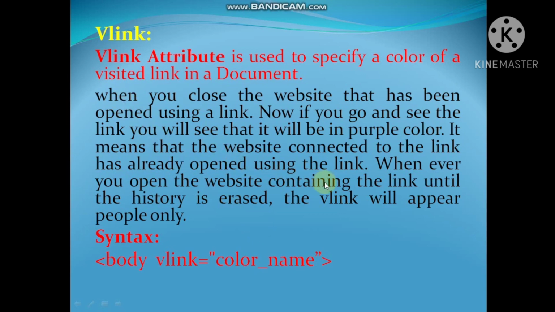That is in purple color. The vlink will appear purple only. If you want to change that, body vlink equal to color name. That means with the help of that you can change the color. These three attributes, link, alink and vlink, are very important attributes of body.